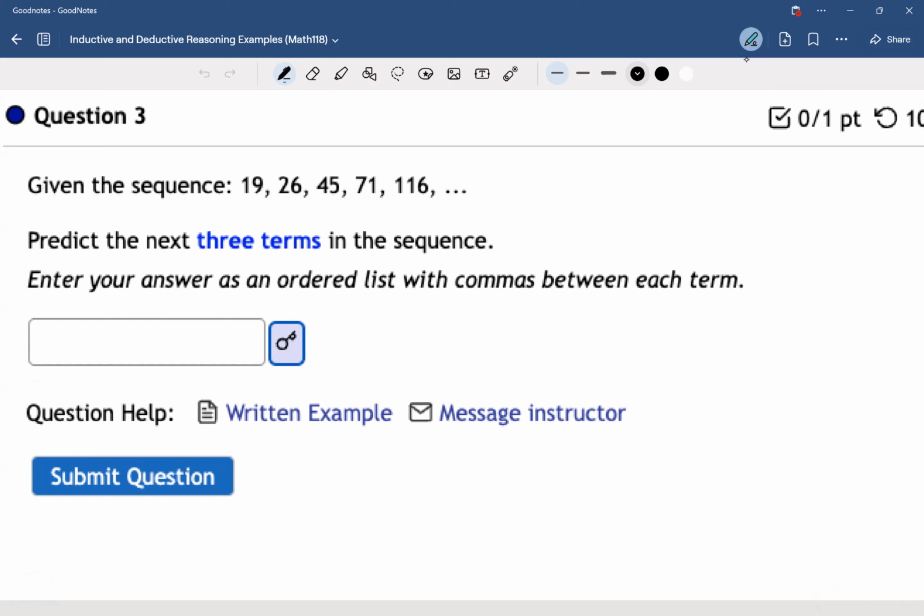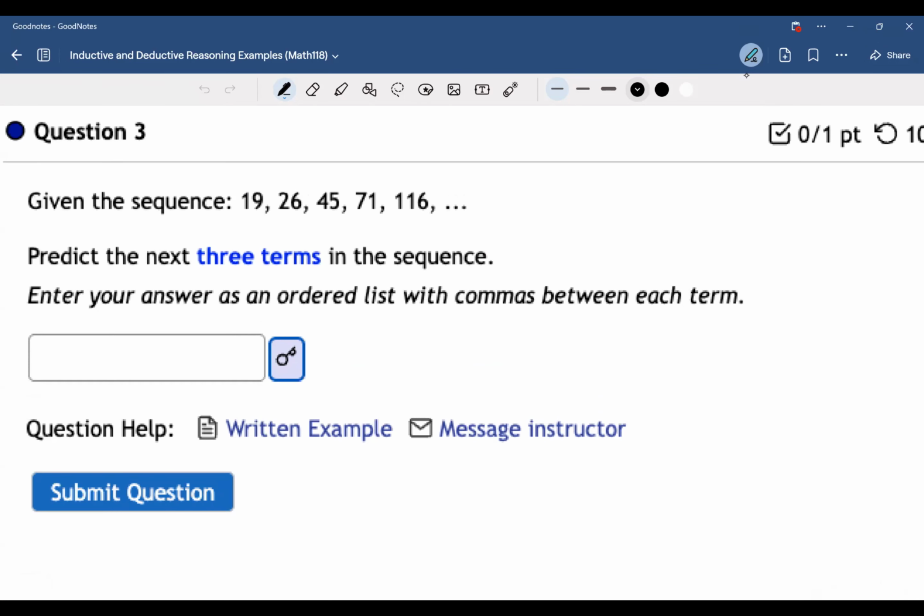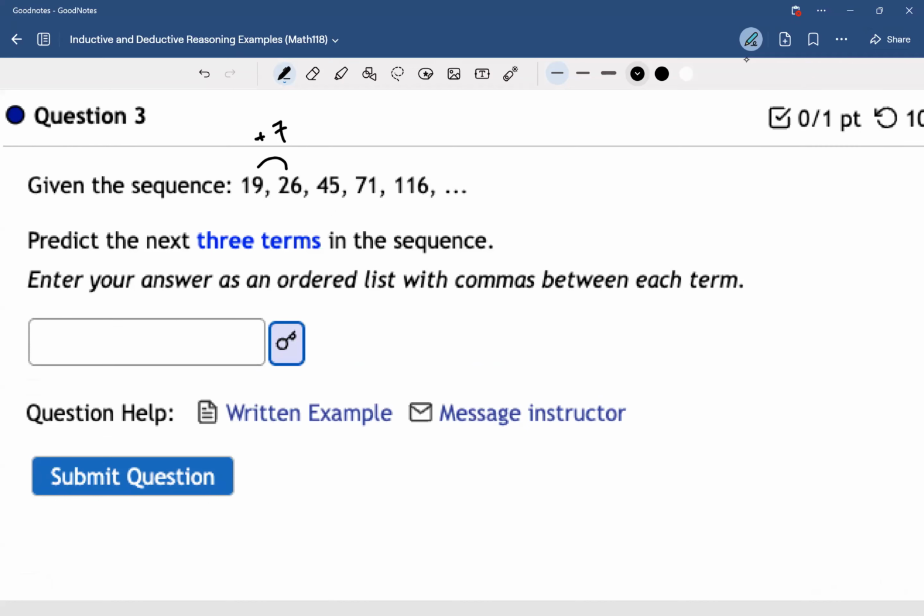And so one of the things that I find really helpful is just seeing what the difference is between each of the terms, okay? So I notice that to go from 19 to 26, I'm going to add 7.